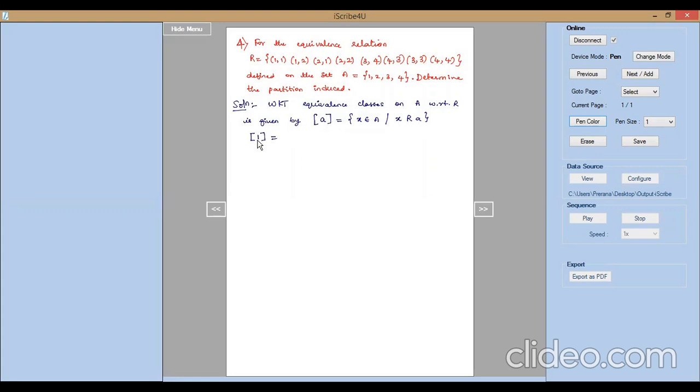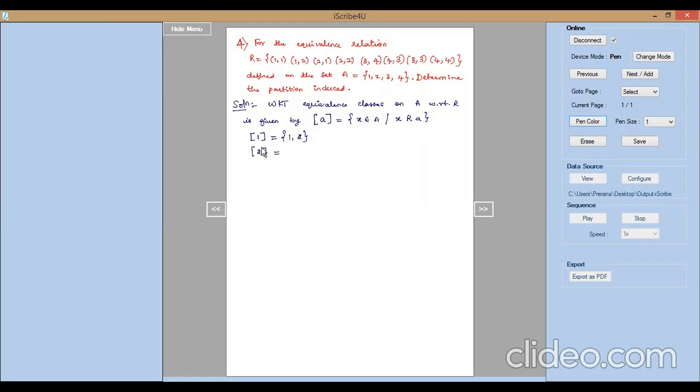So I have to choose the value of X from the relation R such that X is related to A. I observe 1 is related to 1 and 2 is related to 1. So the equivalence class of 1 is {1, 2}.